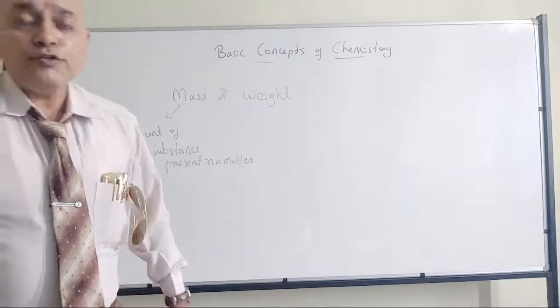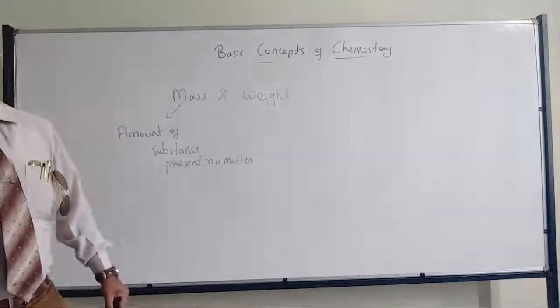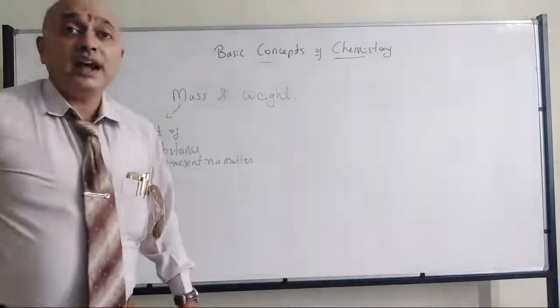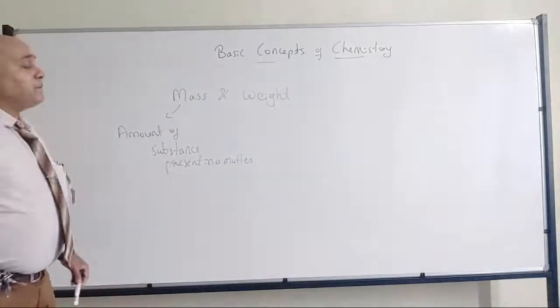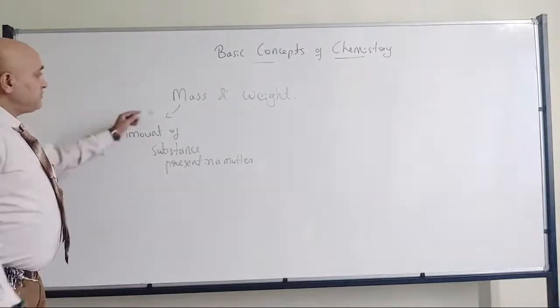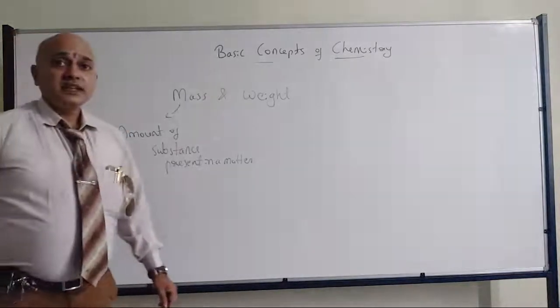If I want to go further, I can tell that it is the amount of force required to give an acceleration to a particular matter, whatever it might be. That's where we have the mass.